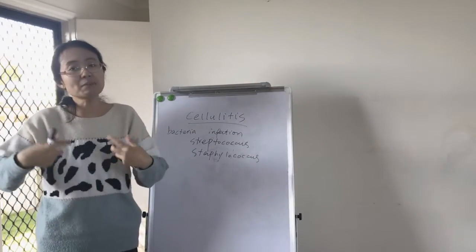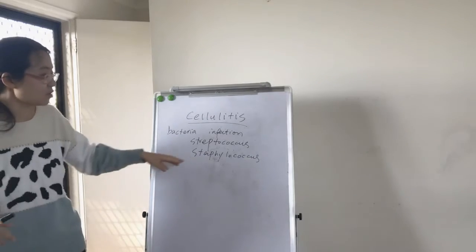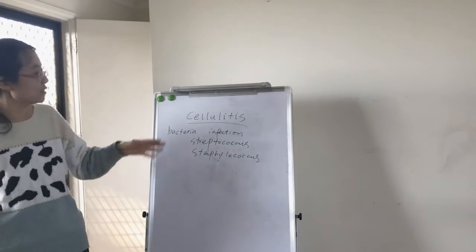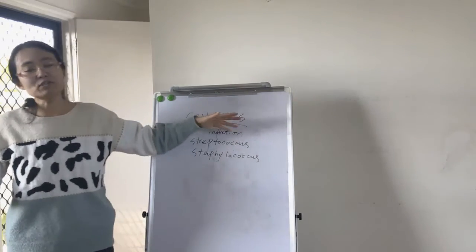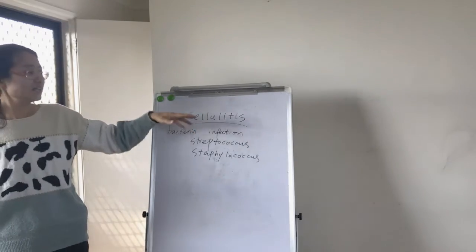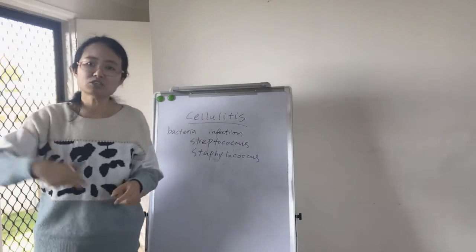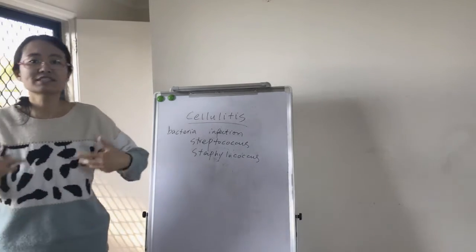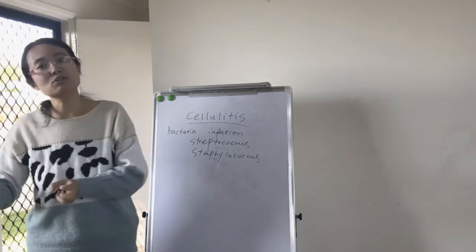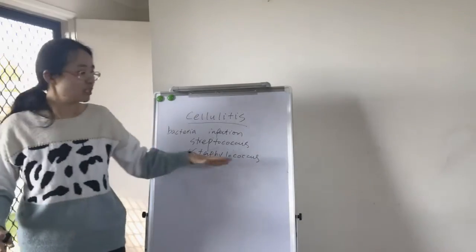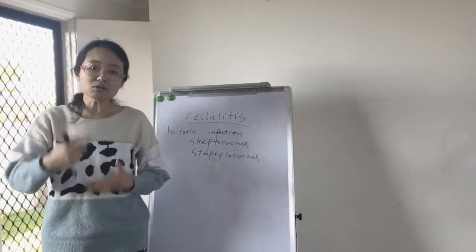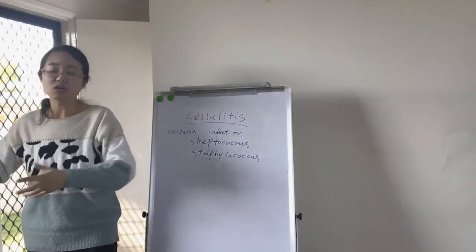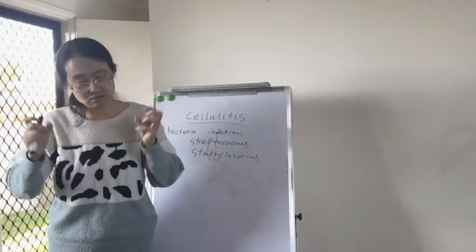So some antibiotics cannot kill this bacteria. That's why when people have cellulitis, if we don't treat it on time, these bacteria could further travel through the skin and into the bloodstream and cause serious infection, especially for older people.